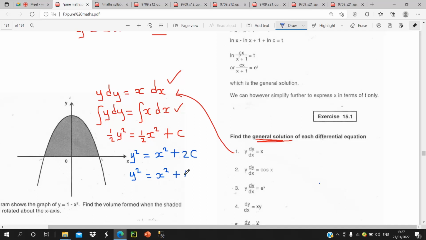Why am I saying a? Because c is a constant. Remember, c is a constant, and if you multiply a constant with another constant, we also get another constant that we are referring to as a. So you have to indicate that a is equal to 2c.